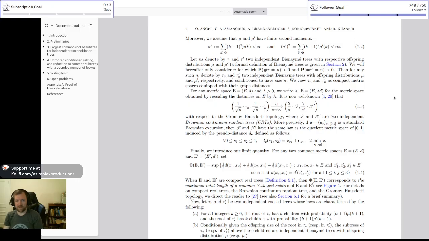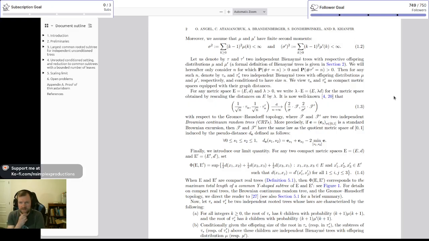So 2 over sigma times our first Brownian continuum random tree, comma, 2 over sigma prime times fancy T prime.